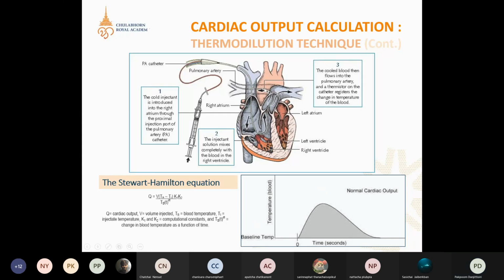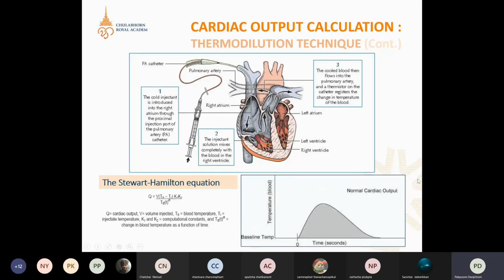The cold blood will be detected near the end of the catheter, which detects the change in temperature from the proximal port to the end of the catheter.